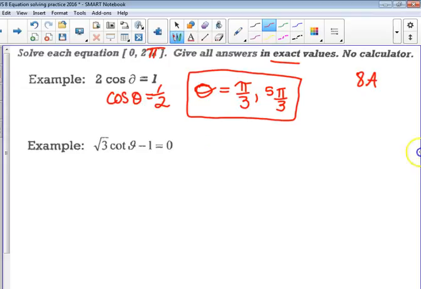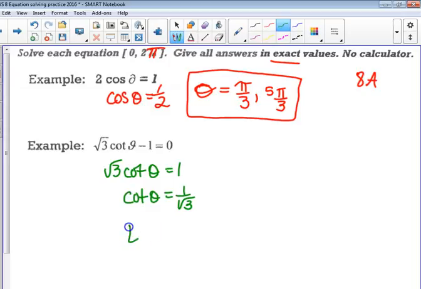All right, the next example looks a little more confusing to me because I can't find cotangent on my unit circle. It is 1 over tangent, or cotangent is x over y, right? So you really could put it on your unit circle. You could also just flip it over.